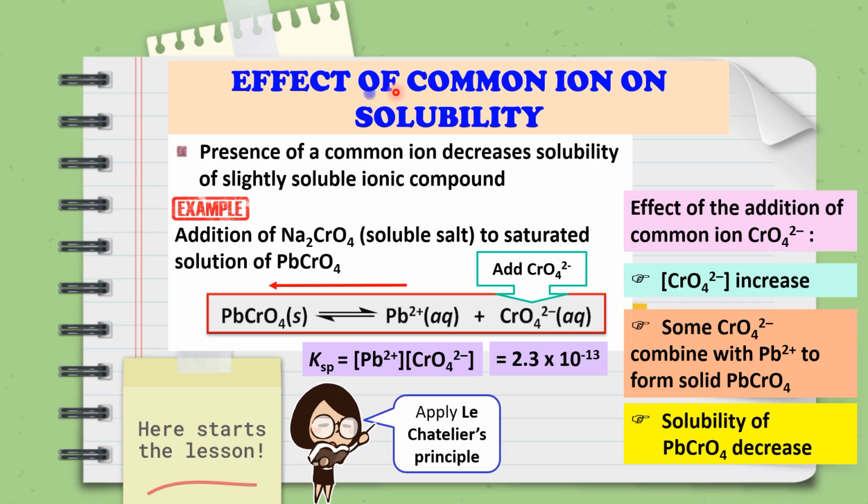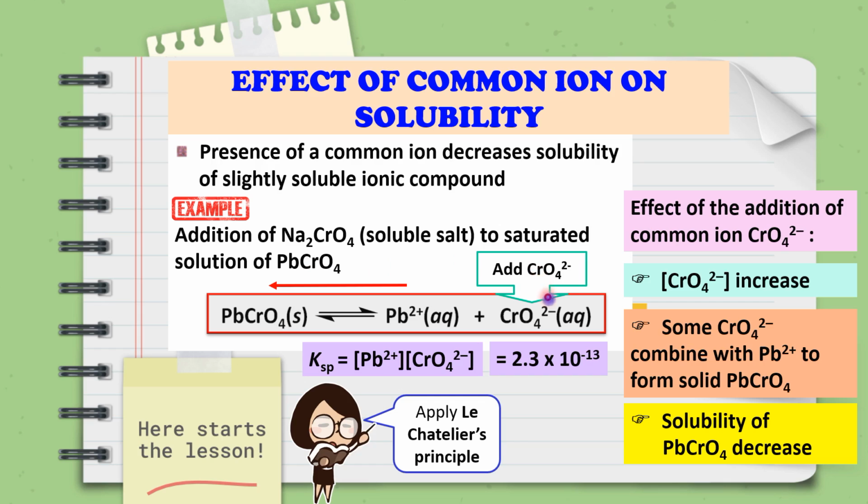So what is the effect of a common ion on solubility? The presence of a common ion decreases the solubility of a slightly soluble ionic compound. For example, sodium chromate, which is a soluble salt, is added to a saturated solution of lead II chromate.